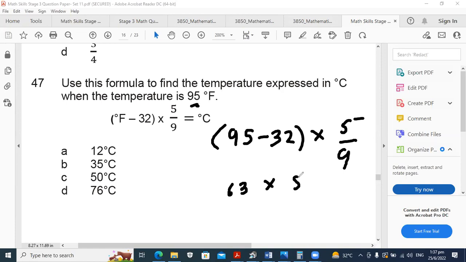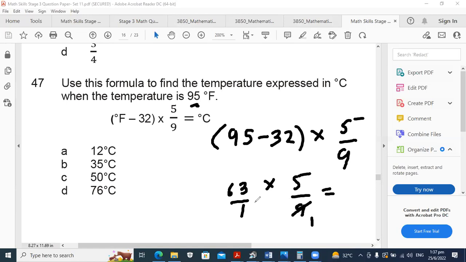Times 5 over 9. What's 63 divided by 9? 7. You sure? Yes, 9 into 63 is 7.